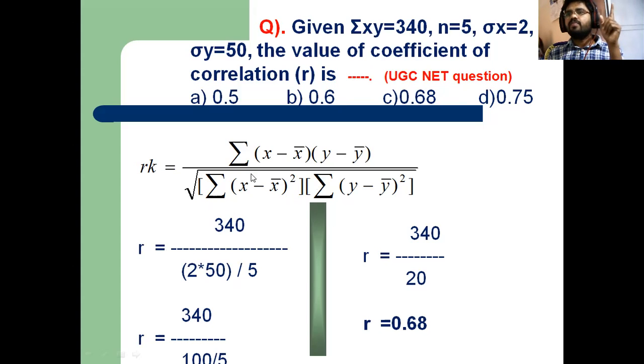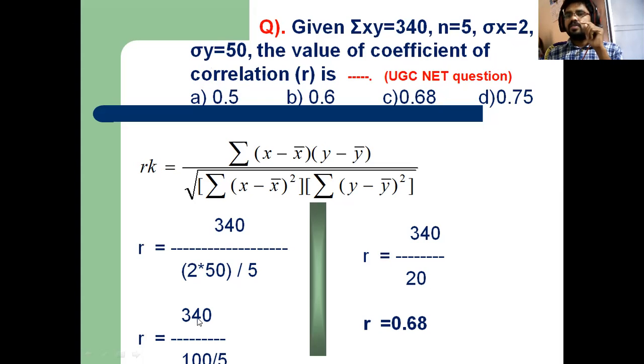So when they have given the standard deviation of x and y, simply you can take covariance of x and y, and n is the number of observations. Then 2 into 50, the standard deviations of x into y, divided by 5.